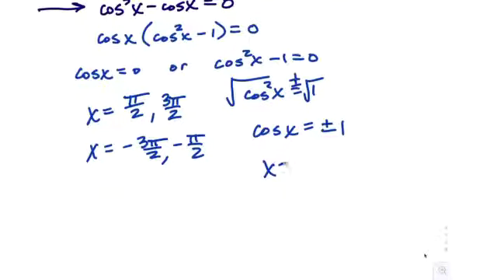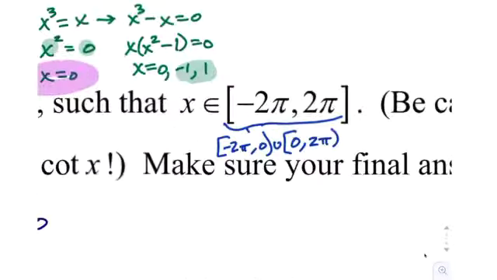So where between 0 and 2 pi is cosine either 1 or negative 1? At 0 and at pi, right? Now notice that our endpoints right here are brackets around both of them, right?